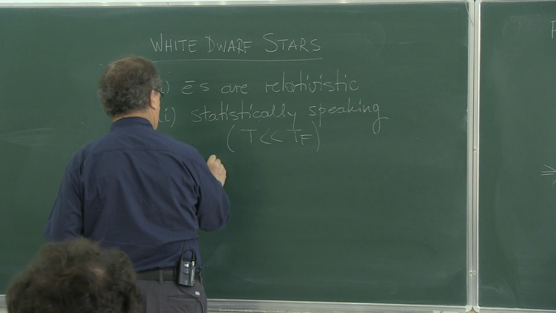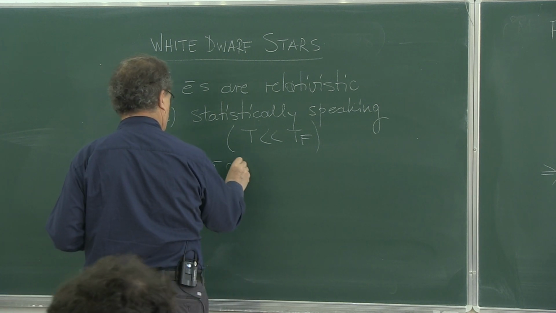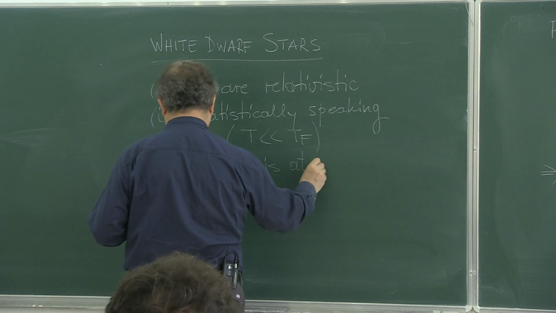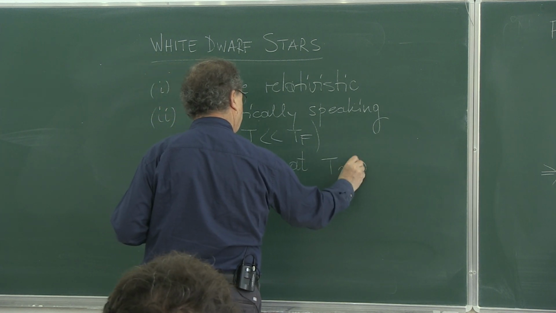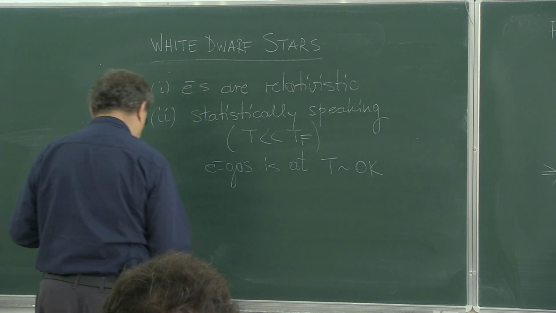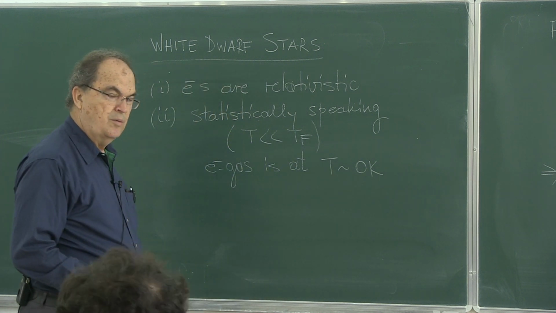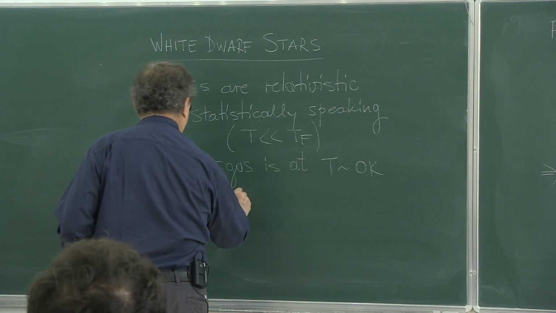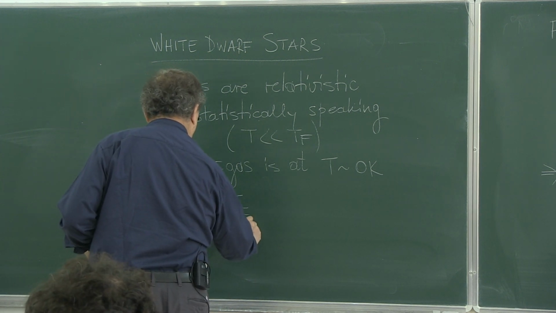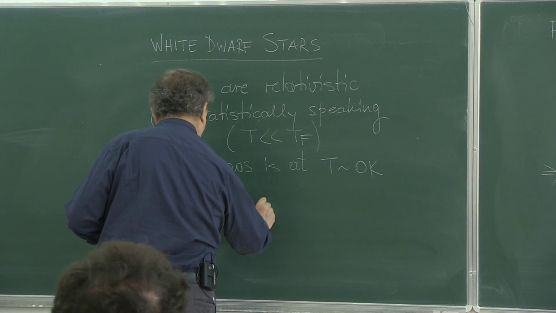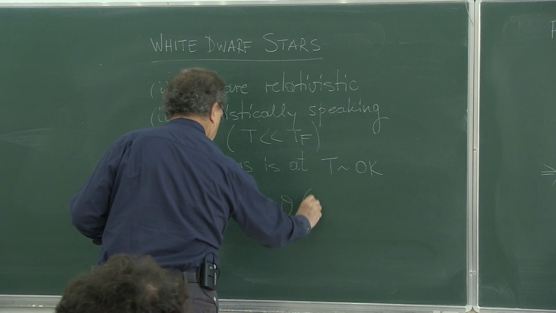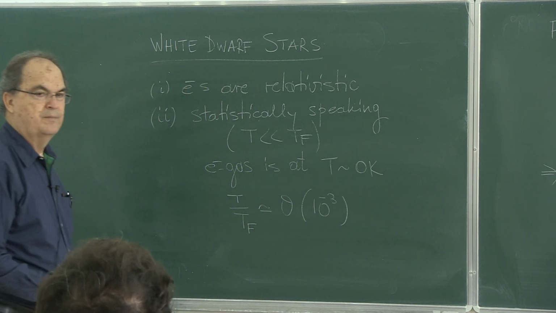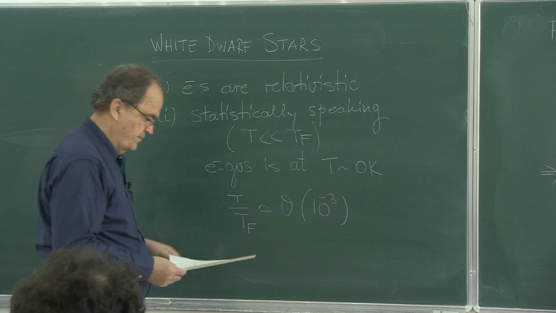Electron gas is at 0 Kelvin. Completely degenerate, almost. T over TF is of the order of 10 to the minus 3. Okay?